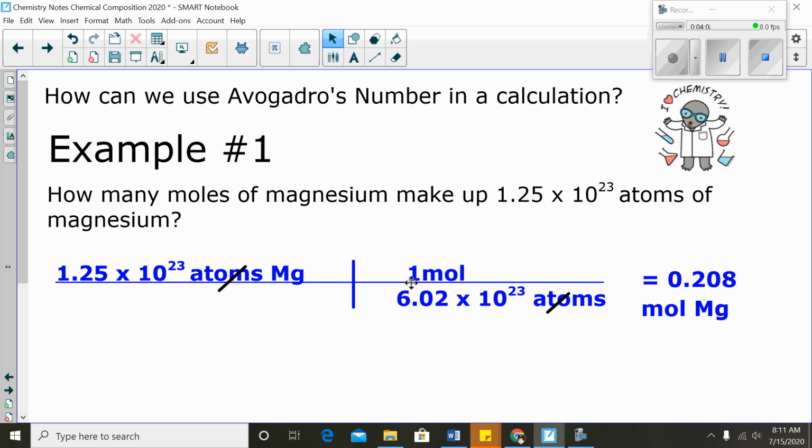Now you set up your t-square, and if you're trying to answer how many moles there are, that means atoms needs to go away and you need to be left with mole. So here's our conversion factor, right? So 1 mole equals 6.02 times 10 to the 23rd atoms. Why did I put 6.02 times 10 to the 23 atoms on the bottom? Because I want the atoms to cancel. So 1 mole is on top, atoms is on the bottom of this t-square.